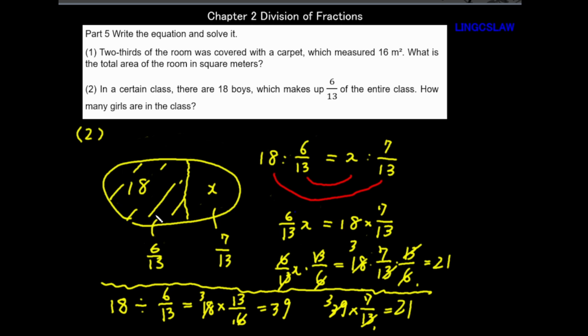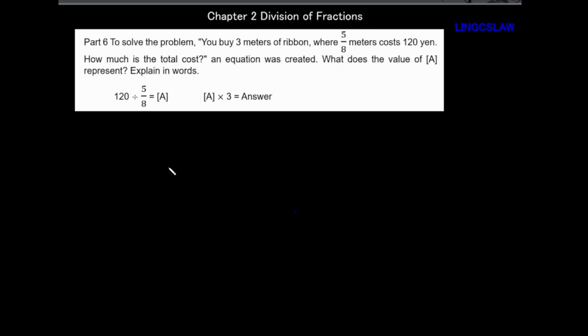Now let's go on to part 6. To solve the problem, you buy 3 meters of ribbon where 5/8 meters cost 120 yen. How much is the total cost? An equation was created. What does the value of A represent?